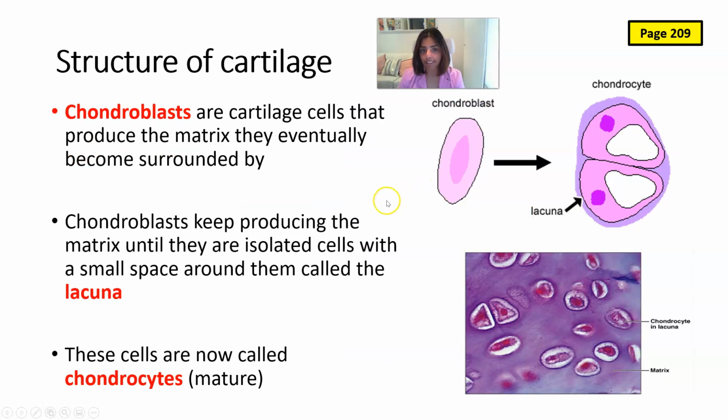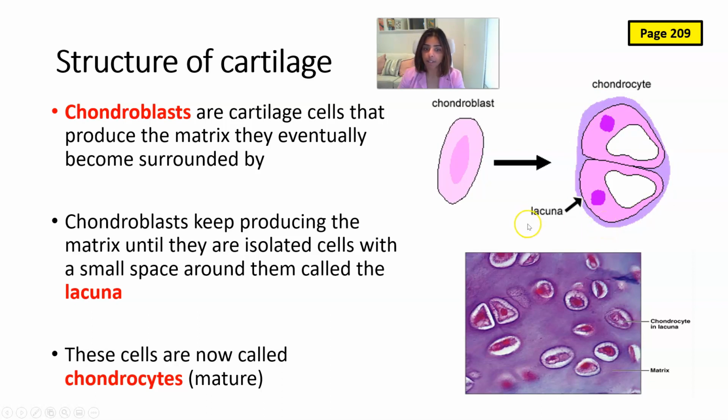Now, if we look at the basic structure of cartilage, we can see that we start off with chondroblasts. Now, chondroblasts, similar to osteoblasts, are precursor cells that produce the cartilage matrix and eventually become surrounded by it. So the chondroblasts will eventually produce the matrix and the chondrocyte inside.